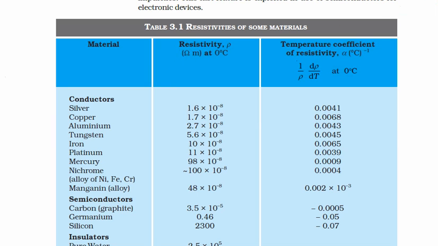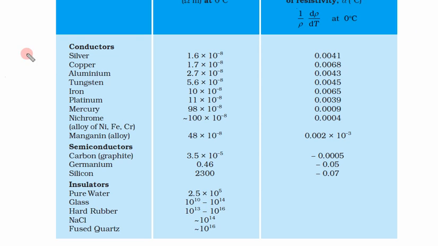So let us see some common materials. Let us see first a few conductors: silver, copper and aluminum, similarly other conductors. Silver has a very low resistivity, which means it is highly conducting. Similarly, copper and aluminum all have very low resistivity, which means these are very highly conducting.